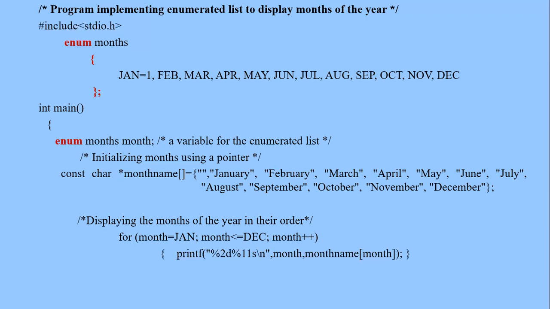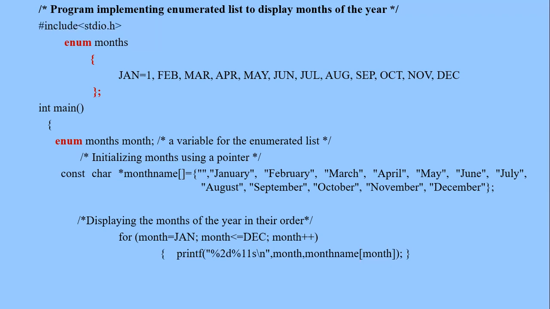And that will continue up to December, that is 12. Then check: is the content of memory location called month less than or equals to 12? So is 12 less than or equals to 12?